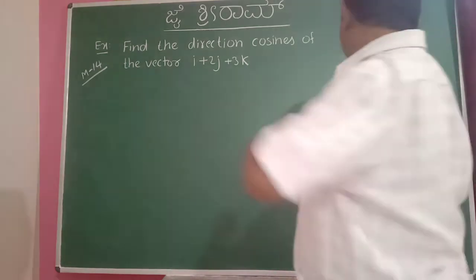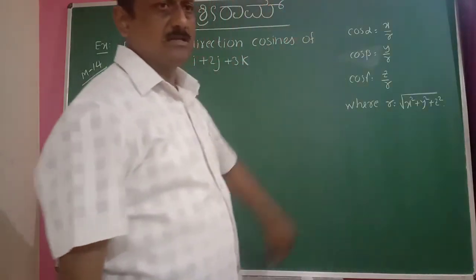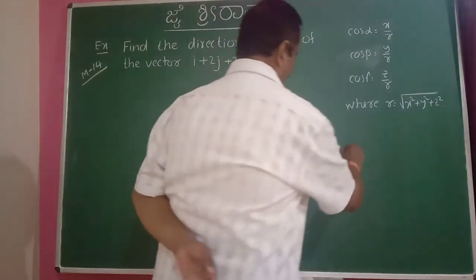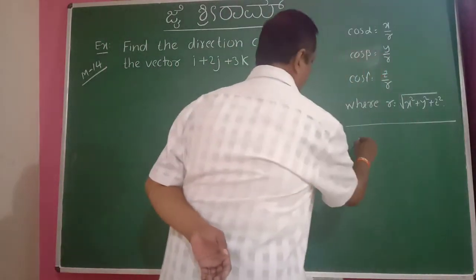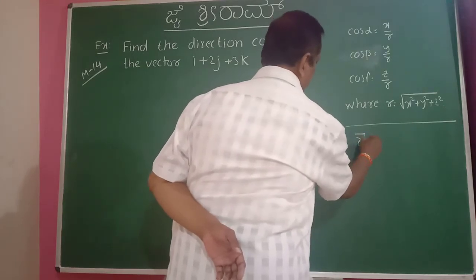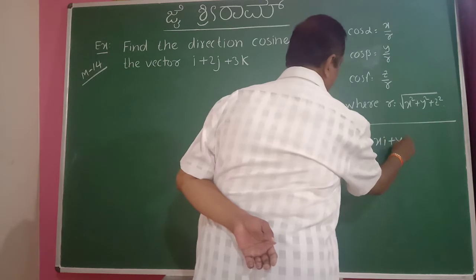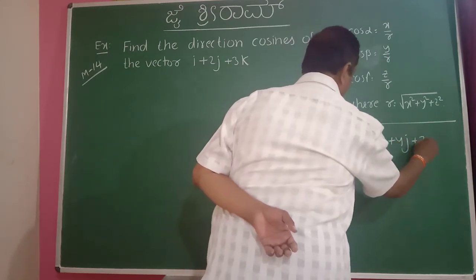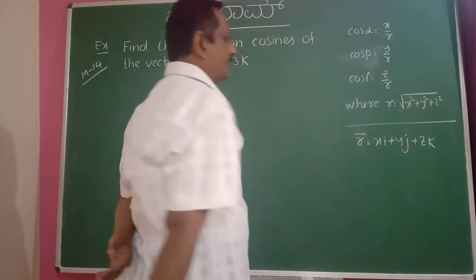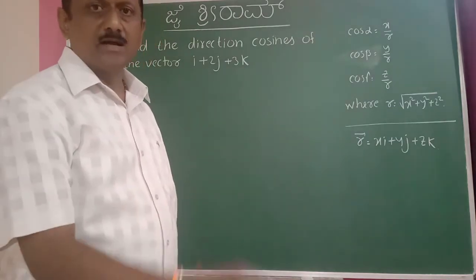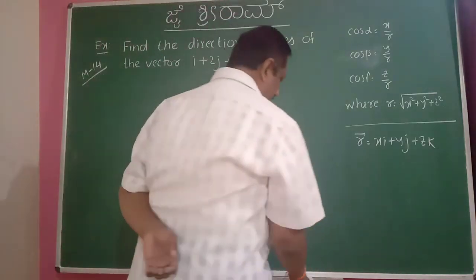So these are the direction cosines. Suppose the vector in component form is x into i plus y into j plus z into k. Then find its modulus.